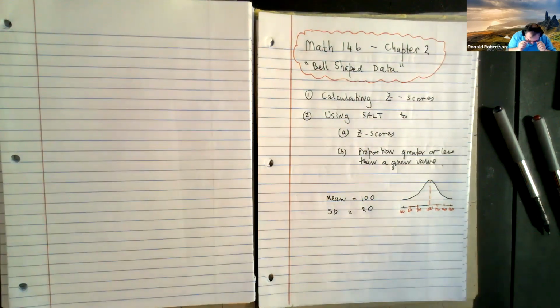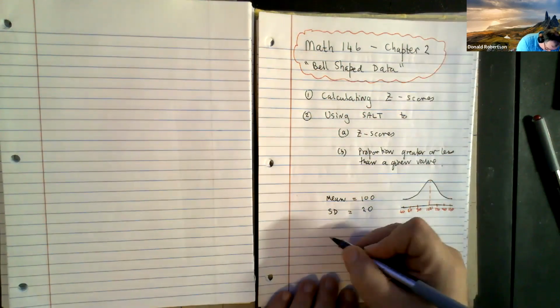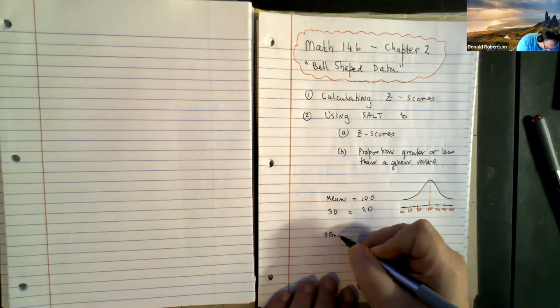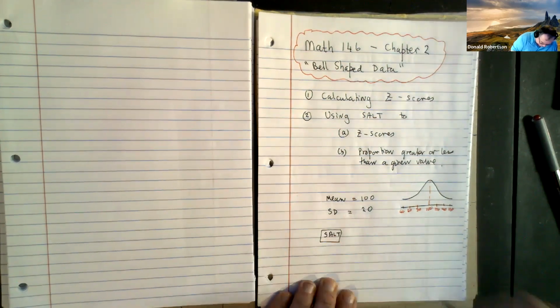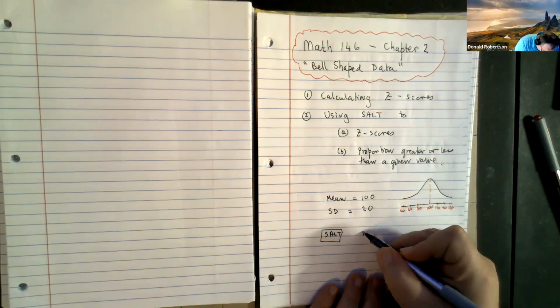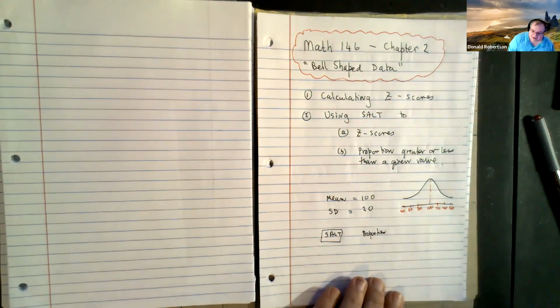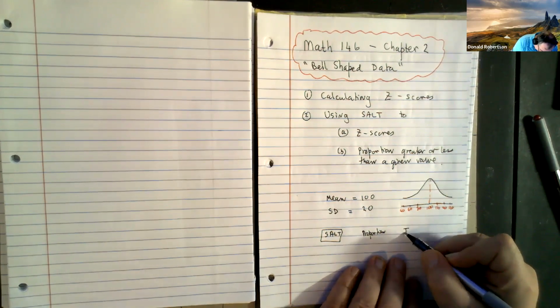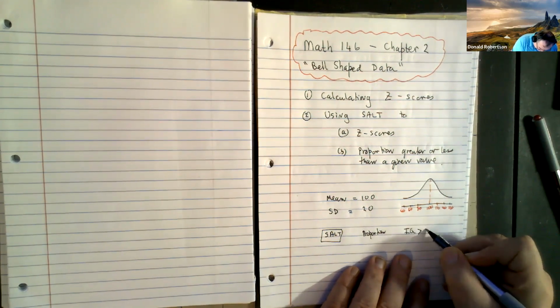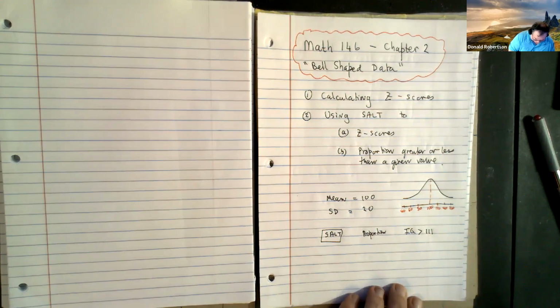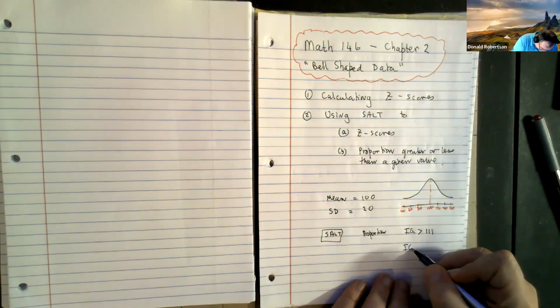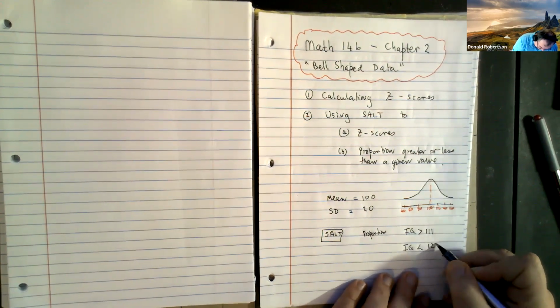But what we can now do using SALT, which is statistical analysis, something, as it stands for, is I can tell you the proportion. So if you like, the fraction of people who have an IQ bigger than any number I like, or an IQ less than any number I like.